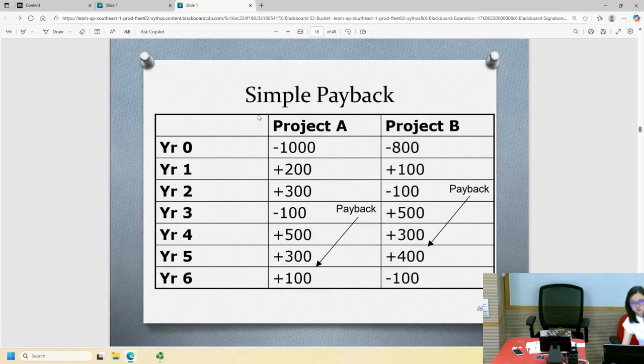So this $200, you cannot get it now. You can get it only one year later. And this $300, you cannot get it now. You can get it only two years later. Because you can get this $300 two years later, if you convert it into the present value, it will be less than $300.